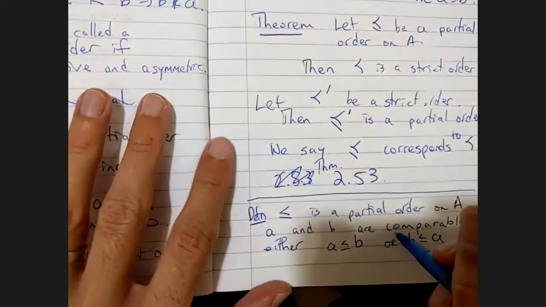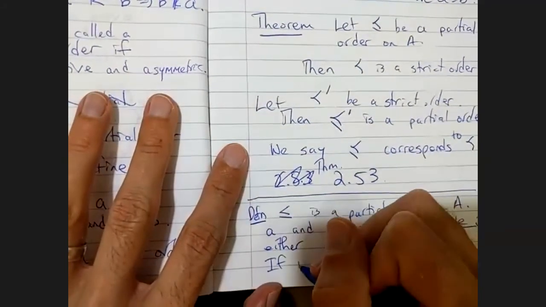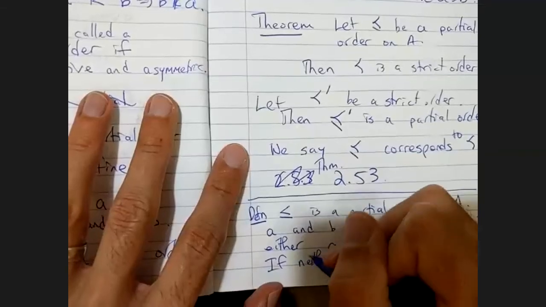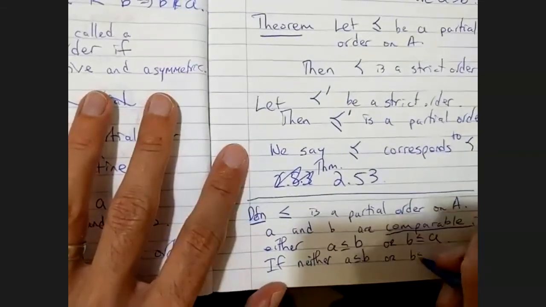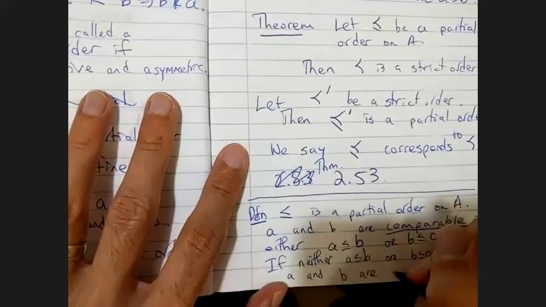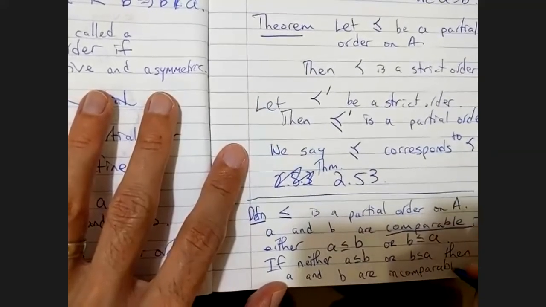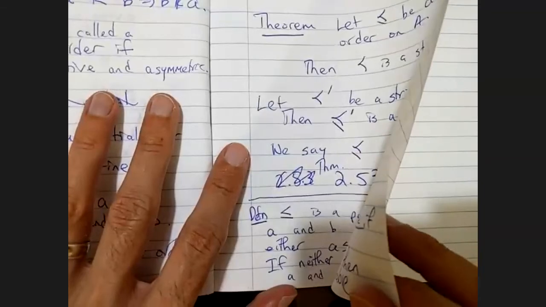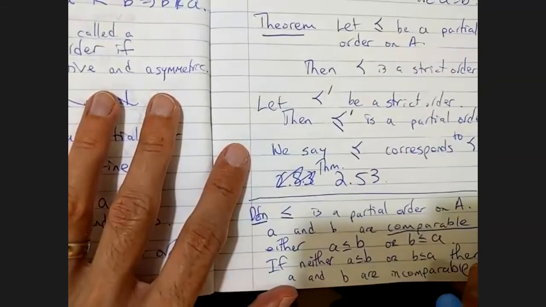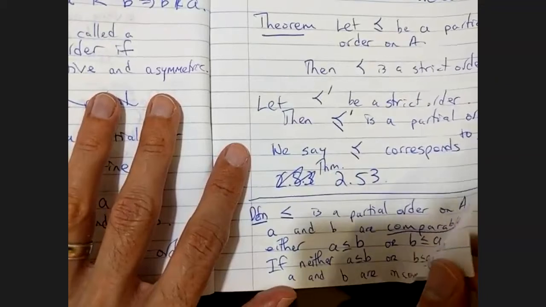I should say what incomparable means: if neither A is less than or equal to B nor B is less than or equal to A, then A and B are incomparable. A partial order in which any two elements are comparable is called a total order or linear order.